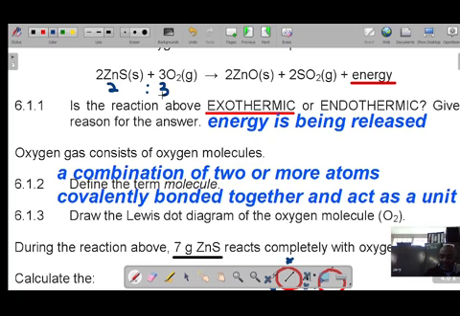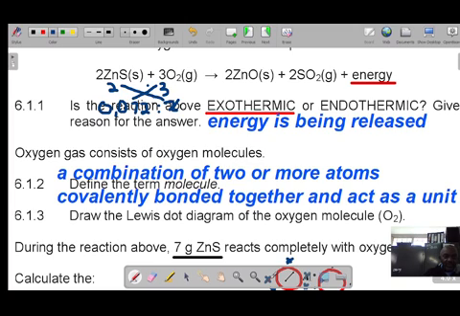Which moles do I have? For zinc sulfide, it is 0.072, and for oxygen, X, which I don't know. So I simply cross multiply.